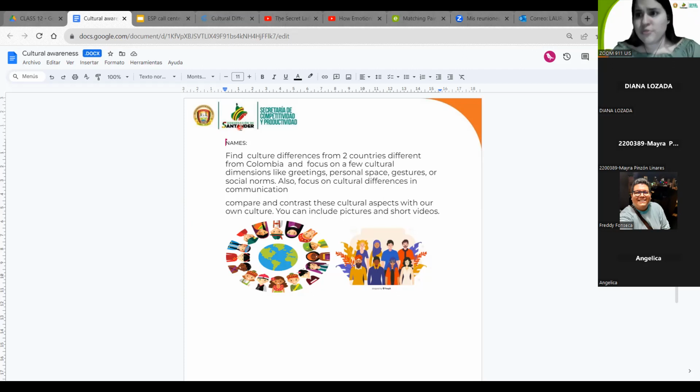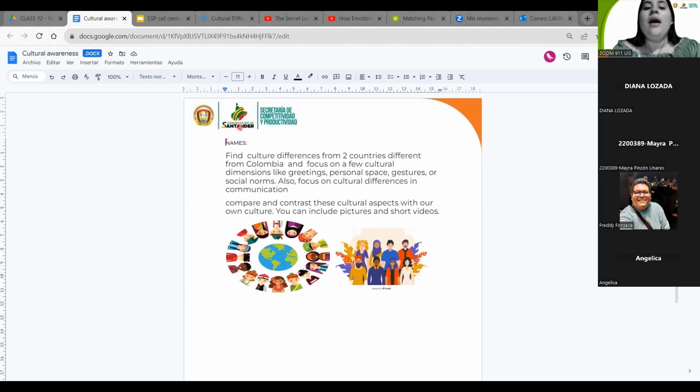You're going to find two different from Colombia. We're not going to do Colombian culture, not because it's not important, of course it is, but we're going to do it from other places different from Colombia, and focus on a few cultural dimensions like greetings, personal space, gestures, or social norms, and also cultural differences in communication.